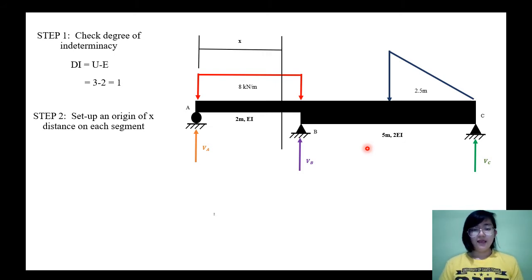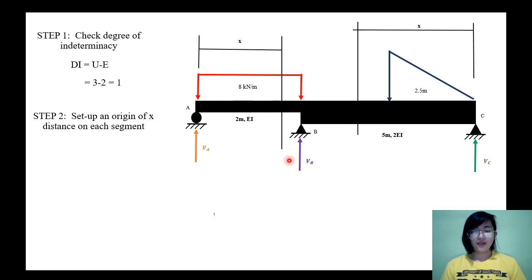For AB, the origin is at A and we take moments here. For this one, our origin is at C. The next thing we will do is extend the triangle up to the line where we take moments. Since we added that, we add a force upward, because this one is downward.